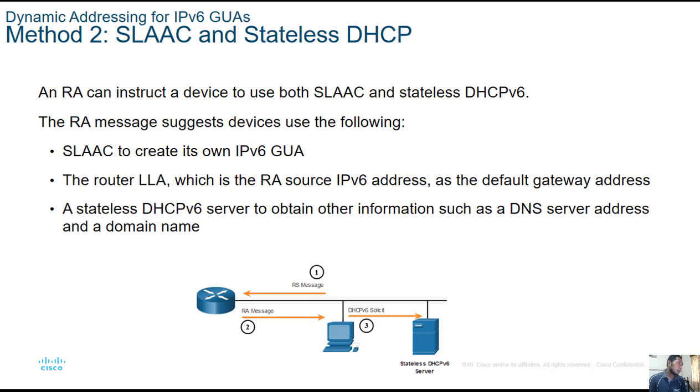So SLAAC will be used to create its own IPv6 GUA, and the router LLA, which is the RA source IPv6 address, will be used as the default gateway address, and then it will start querying a DHCP version 6 server to obtain other information such as DNS server address, including domain name as well.